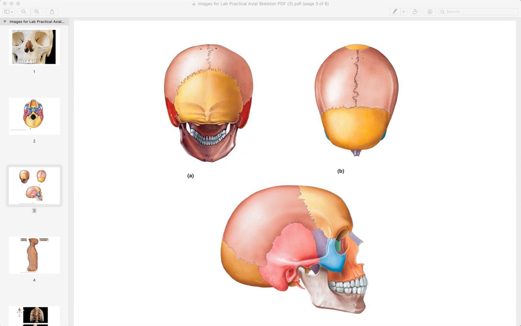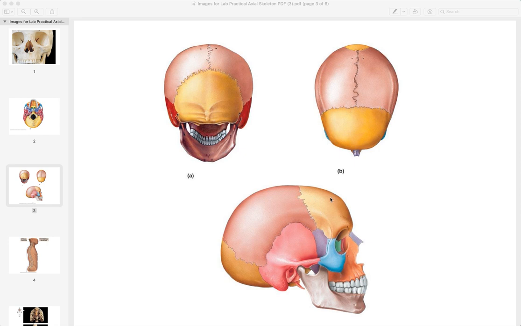All right, we are going to start with the axial skeleton and the bones of the skull. This is the occipital bone. This is the parietal bone, and it can be seen here and here and here and here.